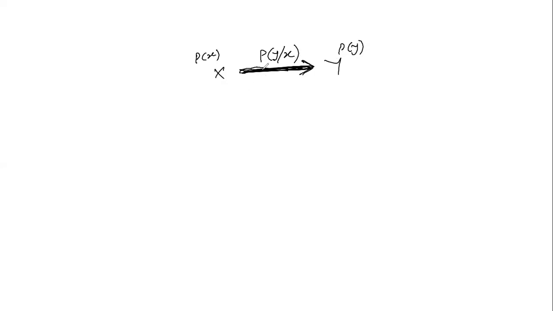So it means that there is the possibility that we are going to receive X when Y is transmitted. So we call this conditional probability.